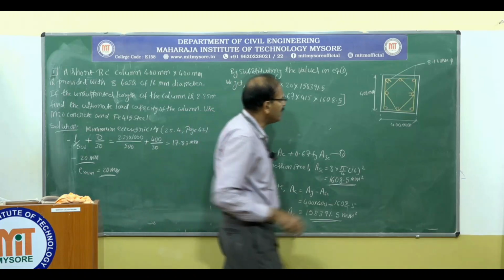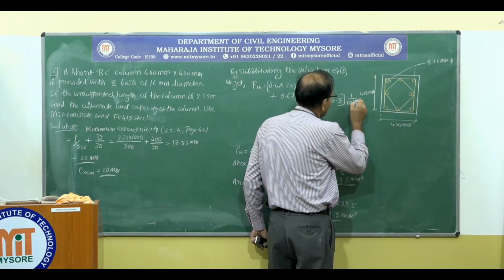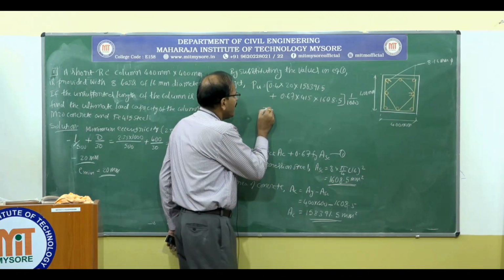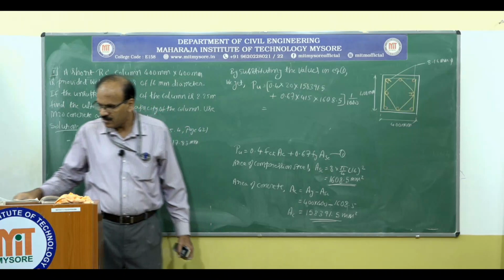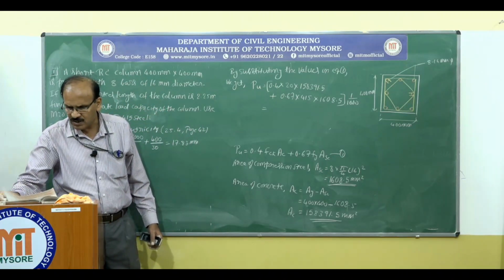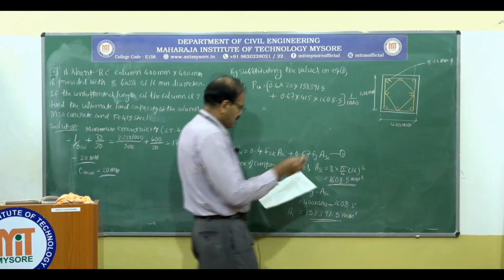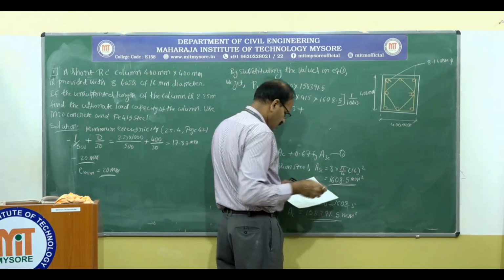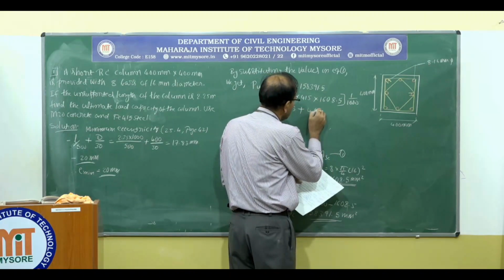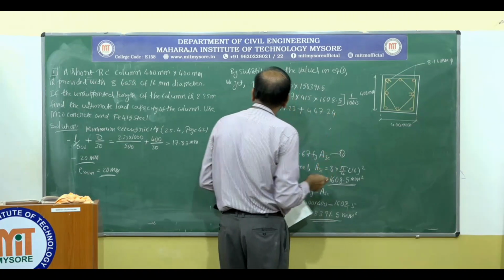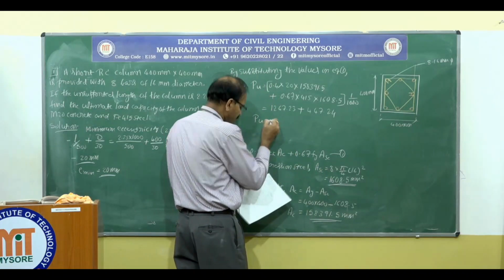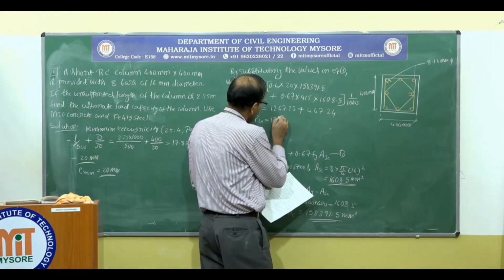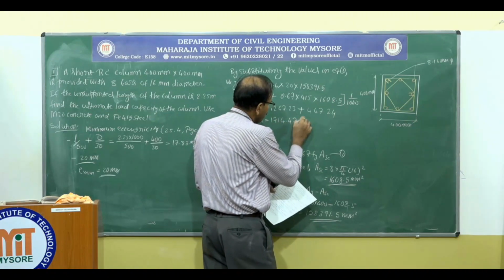I am going to get these values in Newton, so I am going to convert the values into kilonewton by dividing by 1000. If I take the values individually, I get 1267.23 plus 447.24, that is Pu equal to 1714.47 kilonewton.